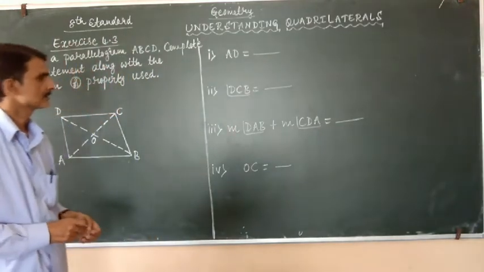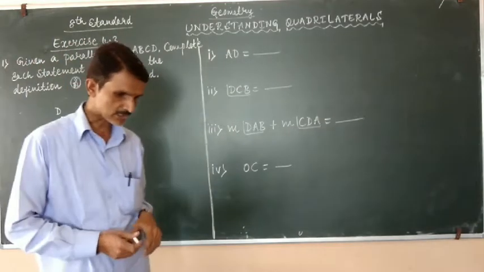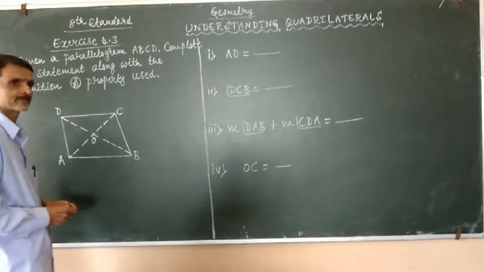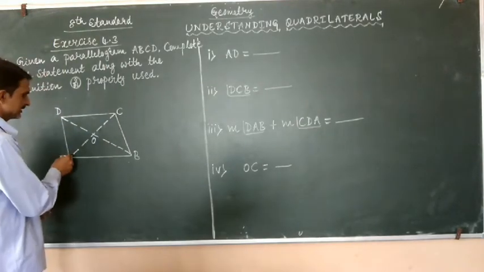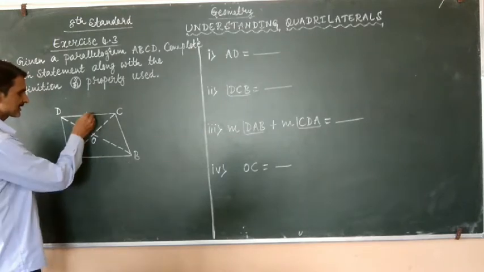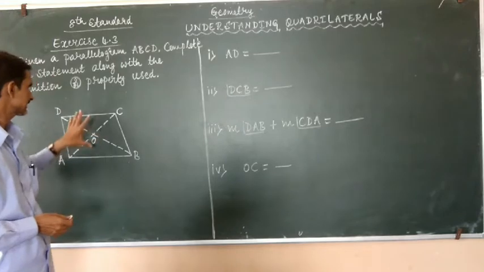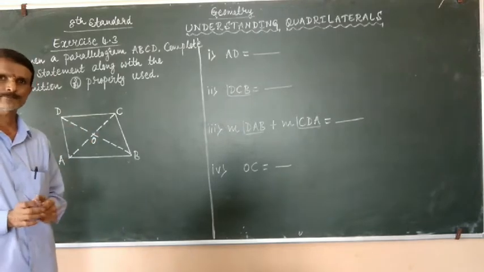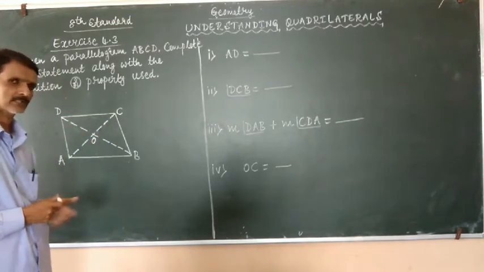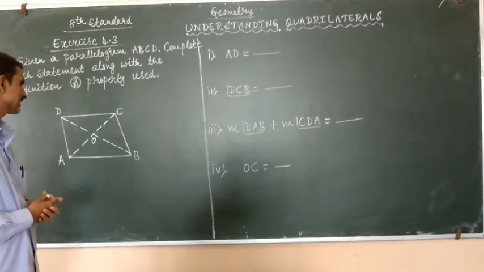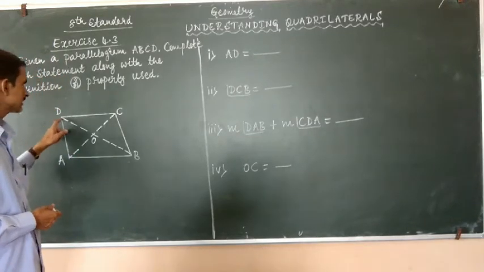Now students, if you recall the properties of the parallelogram: in a parallelogram, opposite sides are equal and parallel. That is one property. Another property is opposite angles are equal.